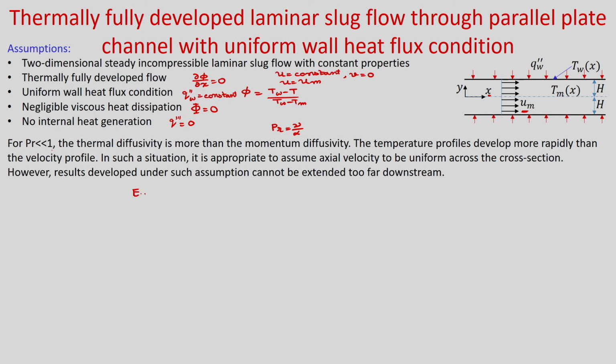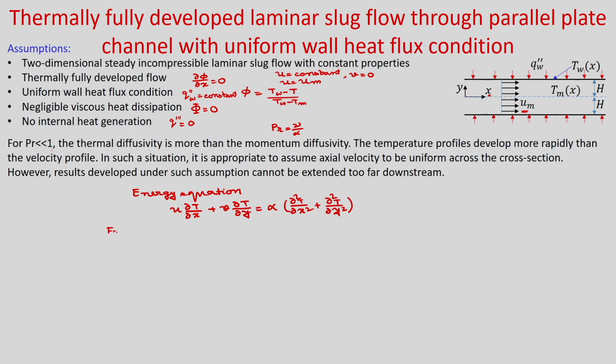So, energy equation: u del T by del x plus v del T by del y is equal to alpha into del 2 T by del x square plus del 2 T by del y square, neglecting the viscous dissipation and heat generation.